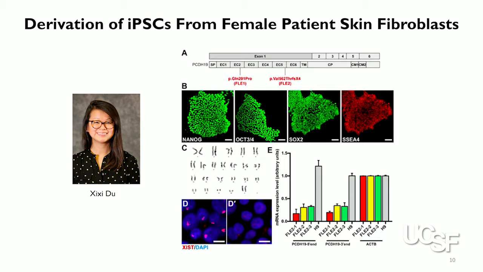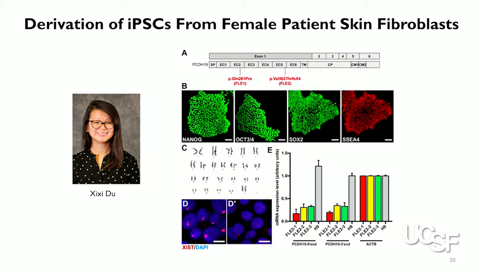We don't want to see what is in panel D, where there is no XIST. XIST is the inactivation mark for the X chromosome. If XIST is gone, that means both X chromosomes have been activated, which is not a good model for PCDH19 FLE. We also did RT-qPCR to check PCDH19 levels in the cells we derived.